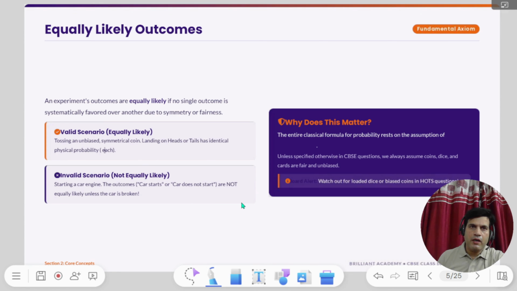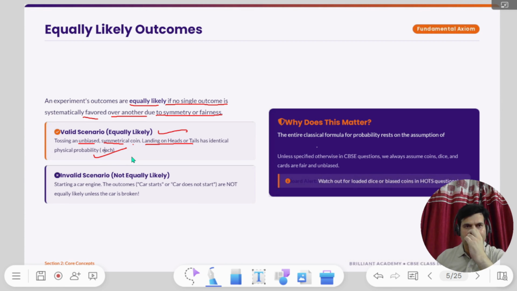Okay, so next we will see equally likely outcomes. What is equally likely? Experiment outcomes are equally likely if no single outcome is systematically favored over another due to symmetry or fairness. So this is the definition of equally likely. A valid scenario is, for example, tossing an unbiased symmetrical coin, landing on heads or tails, which has identical physical probability.